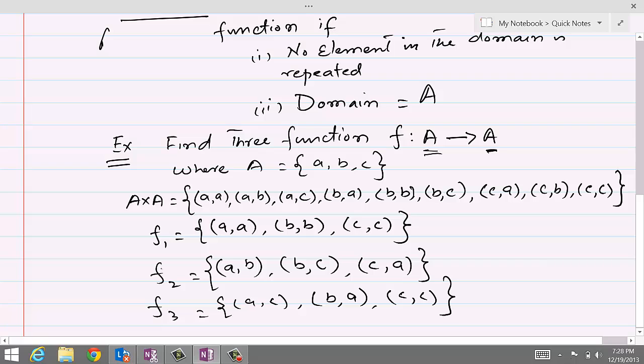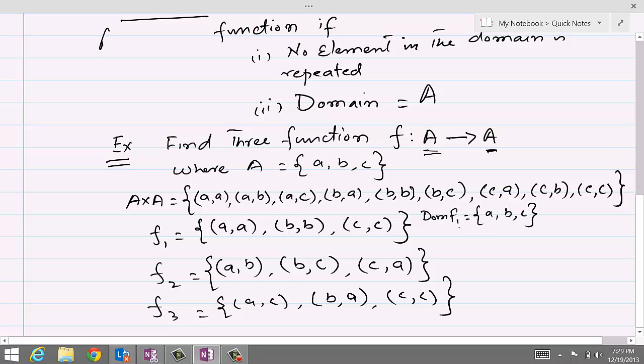All these three relations F1, F2 and F3 are functions. The reason: the domain of F1 is equal to a, b, c, the first element of every pair. It meets both conditions.